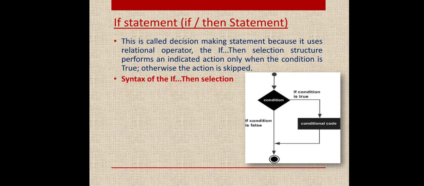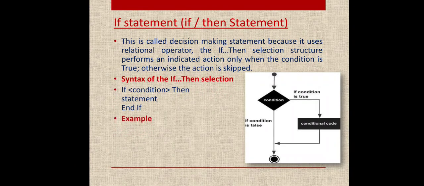What is the syntax, that is, the grammar, how we write the if then statement in Visual Basic. First we write if, then we put the condition, we write then, we put the statement which we need to execute, and to end this statement we write end if. This is the syntax of the if statement.